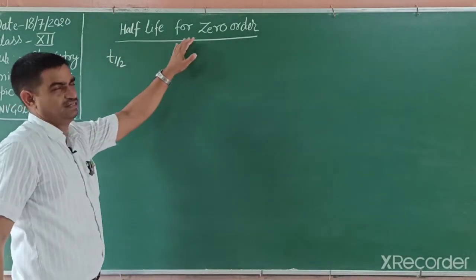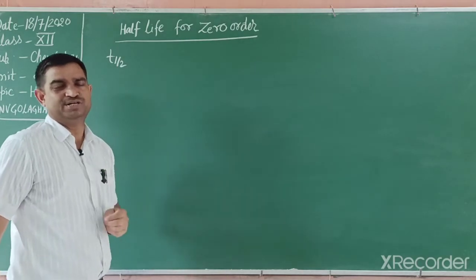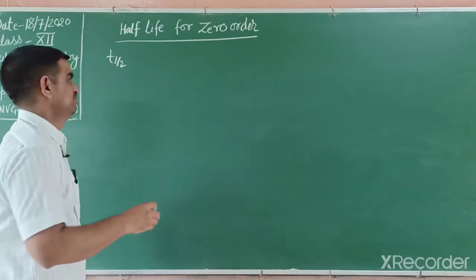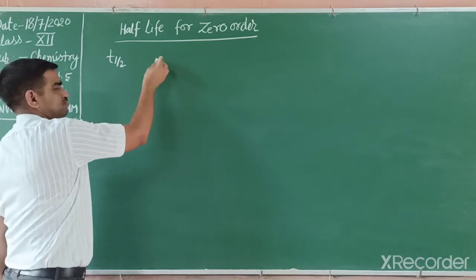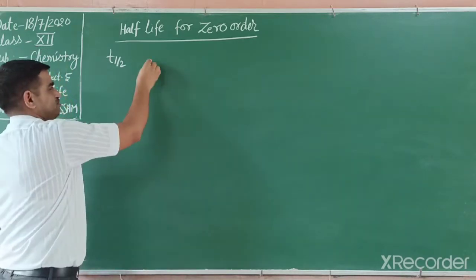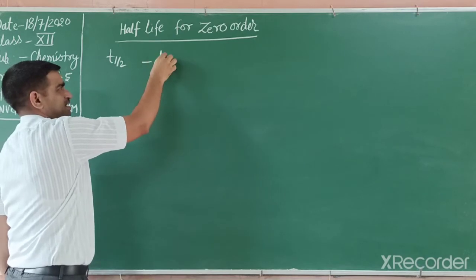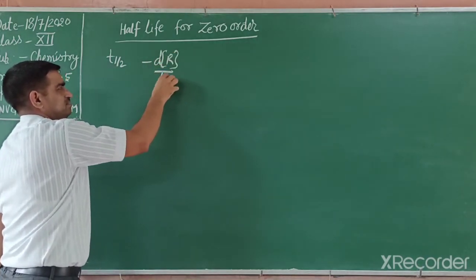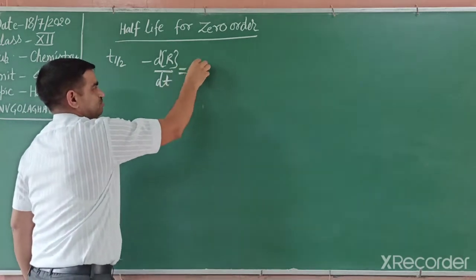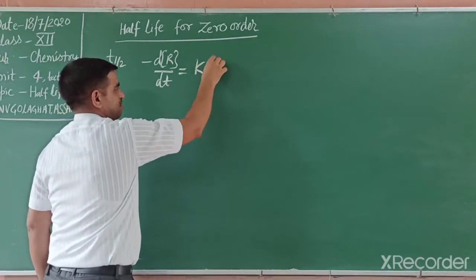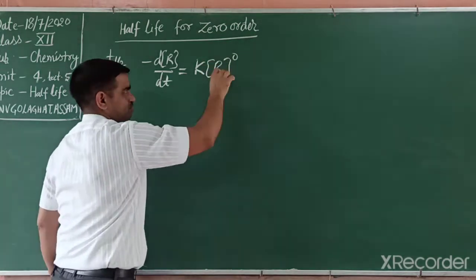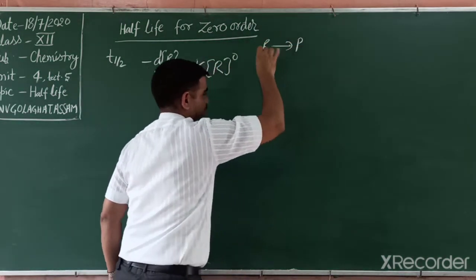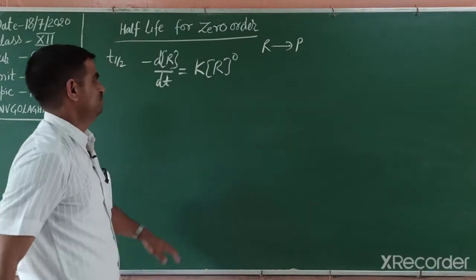So first we want to explain for zero order. So at first again we write zero order. So students, you know what is zero order? So I explain again, dR divided by dt is equal to k R power 0 for a hypothetical reaction, R changes into product, if that is zero order reaction.